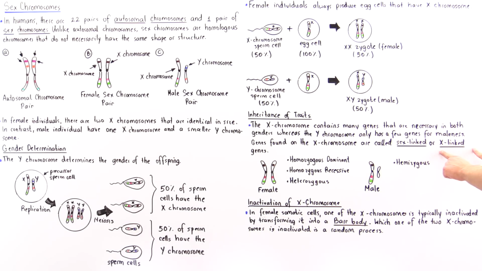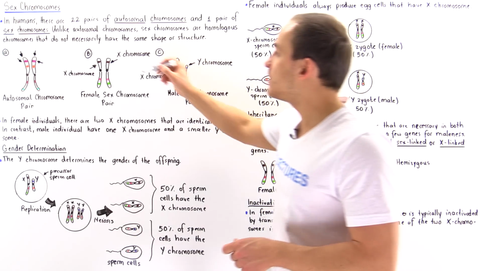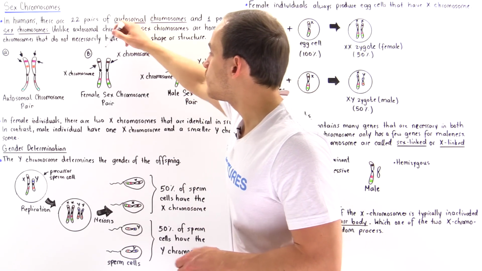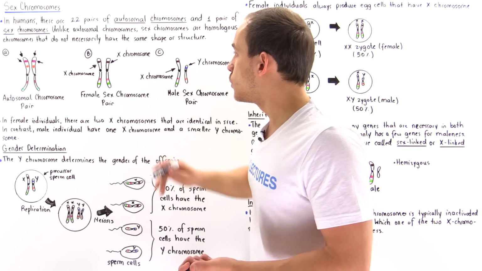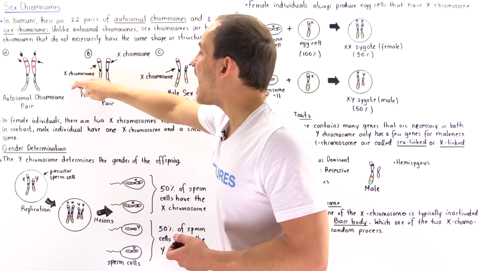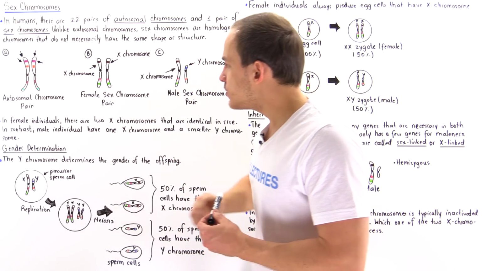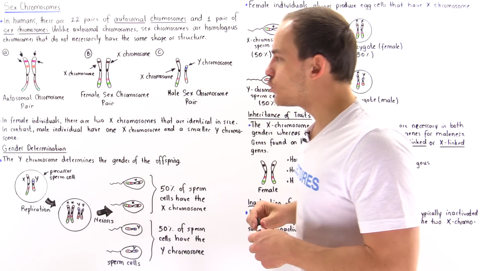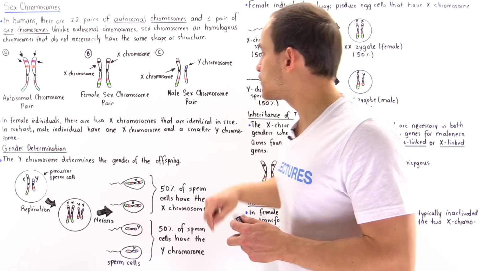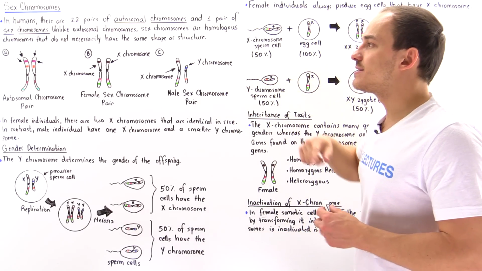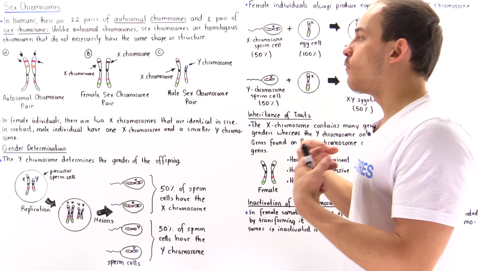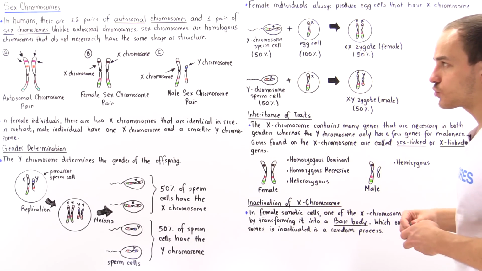The reason we call them X-linked traits is because this chromosome is known as the X chromosome. So in female individuals, both of these sex chromosomes are X chromosomes, identical in size and shape, and they carry genes that code for specific sex-linked traits.